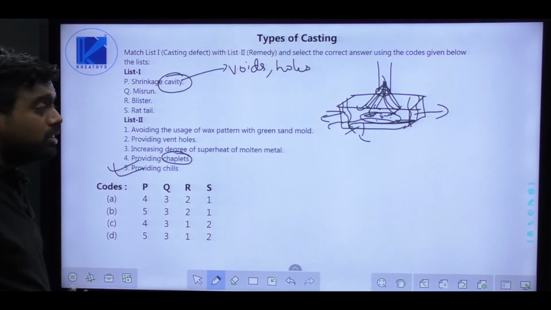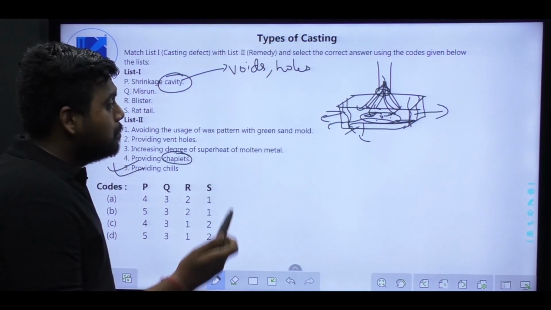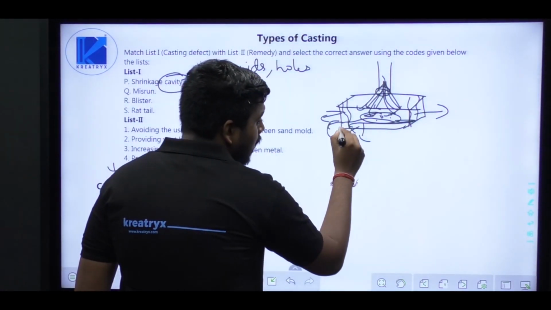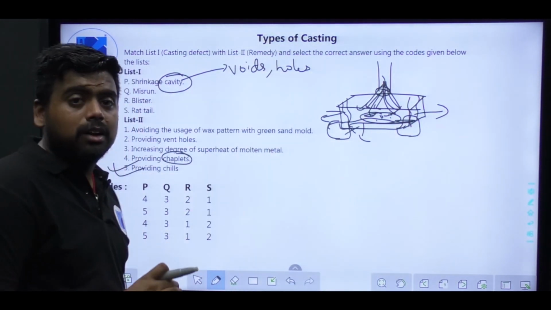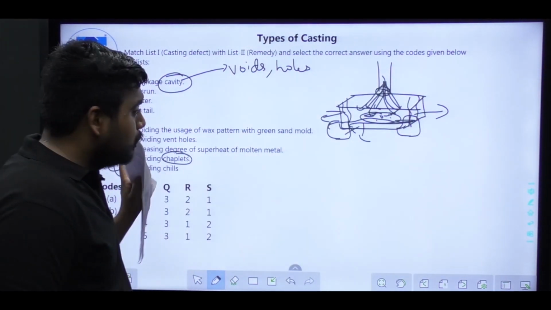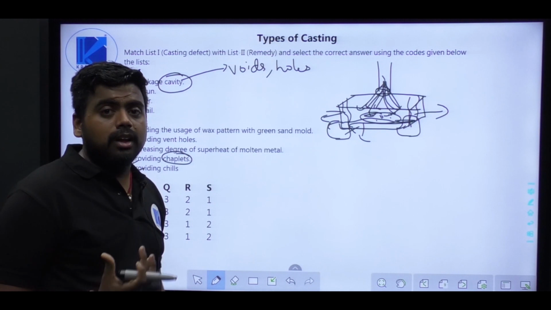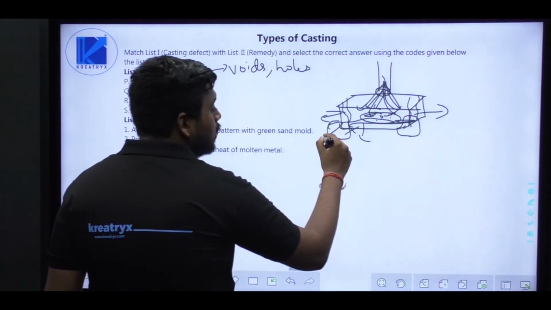So what are chills and how will chills serve our purpose? Chills are metallic parts attached to the surface of the casting, of the same metal which is getting poured here. By providing chills, we are trying to attain a uniform rate of cooling or uniform rate of solidification.